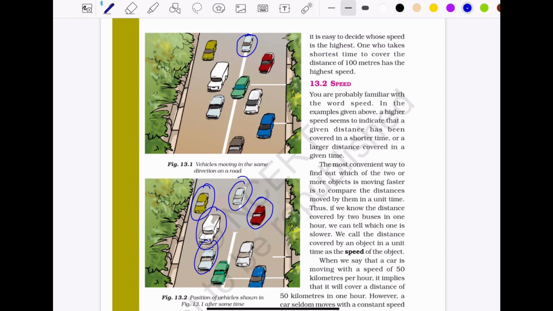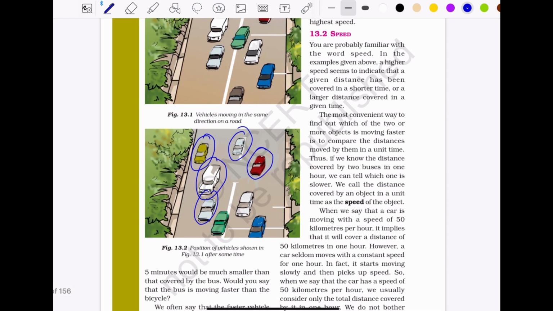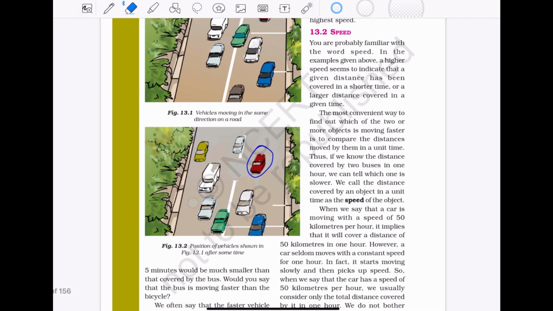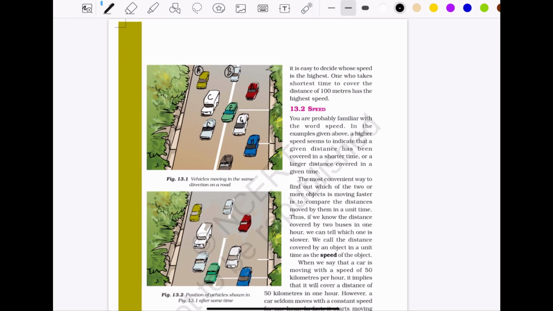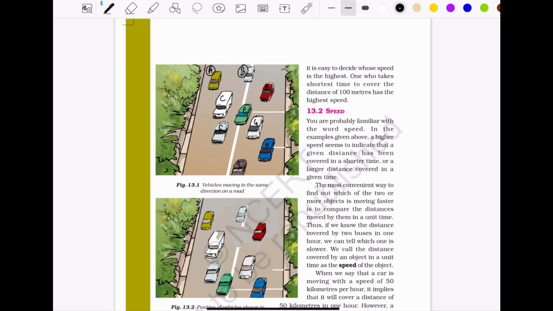Let's name all these cars: A, B, C, D, E, F, G, H, and I. Now, which one is the fastest?